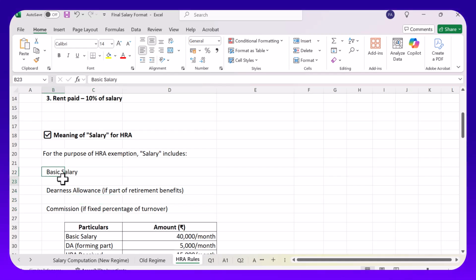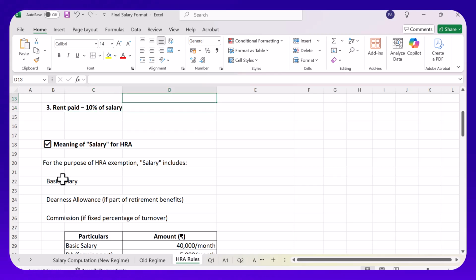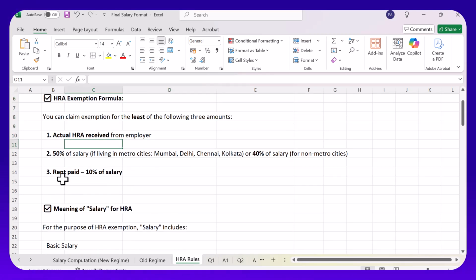You have to just add them up: basic salary, DA allowance, and the commission, if it is a fixed percentage of turnover, like you're getting 1%, 2%, 3% of the sale. In that case, you add all these figures and then calculate the 10% of the salary and 50% of the salary based on these calculations.